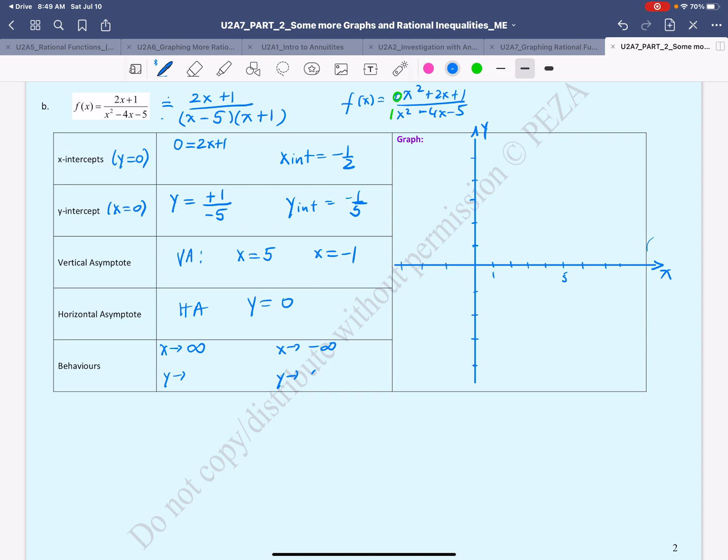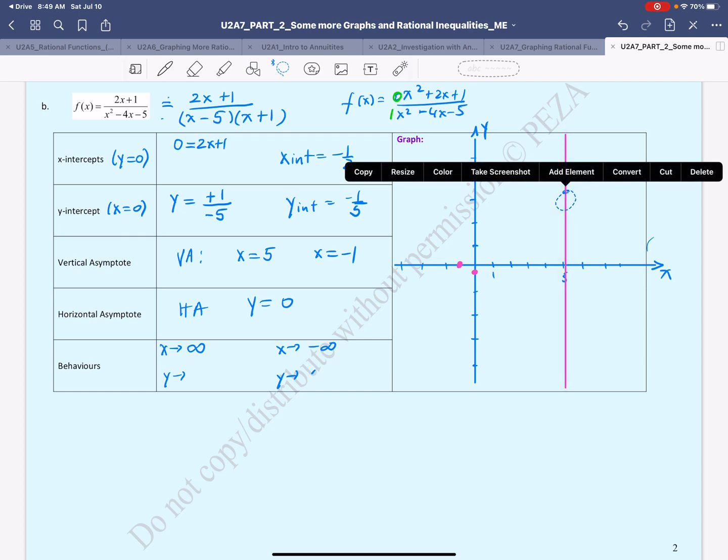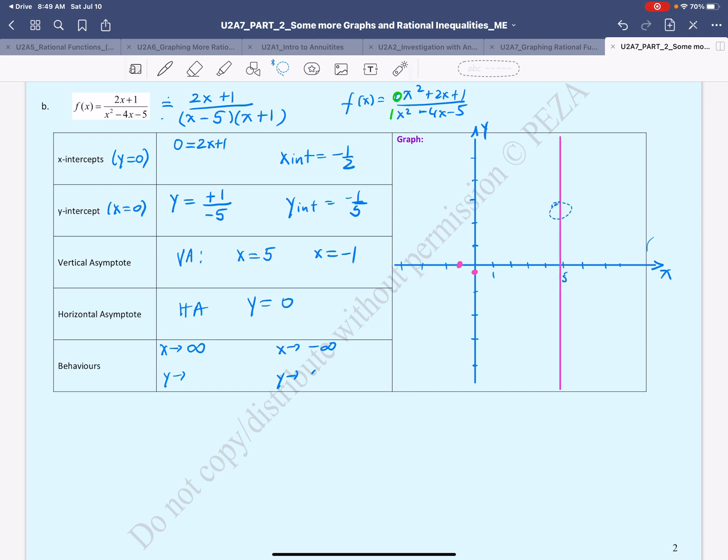Now, the x-intercept is at negative half. Here is negative half. The y-intercept is negative 1/5, so approximately here. The vertical asymptote is at x equals 5. Let's draw one here. And the other asymptote is at negative 1, so here goes the vertical asymptote at negative 1.